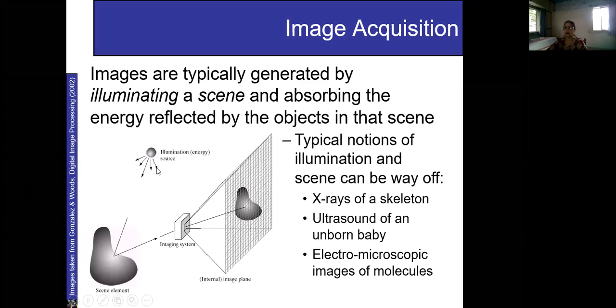Now, if we are talking about medical applications, there are various types of modalities, and according to that modality, the illumination source or energy source varies. For X-rays, the source is X-rays. For ultrasound images, ultrasonic waves are used as the illumination source or energy source. For electron microscopic images, this source is different. Okay, so according to your actual image capturing technique, this illumination source or energy source varies.